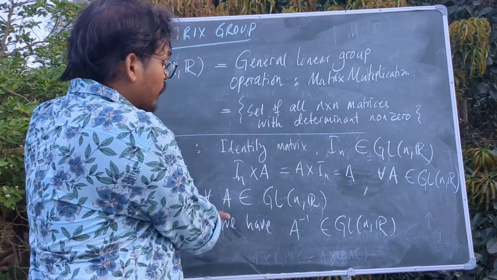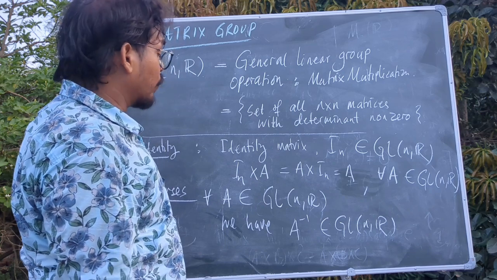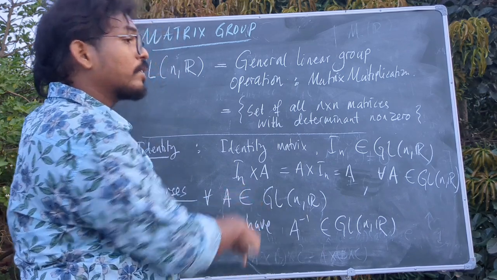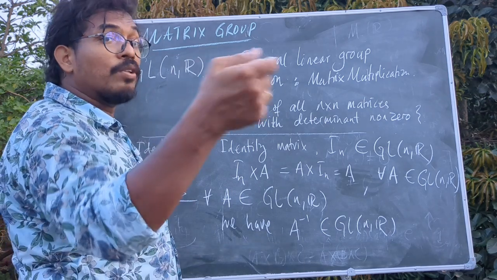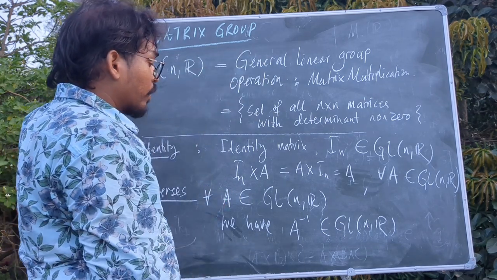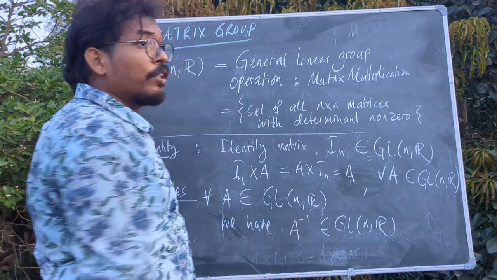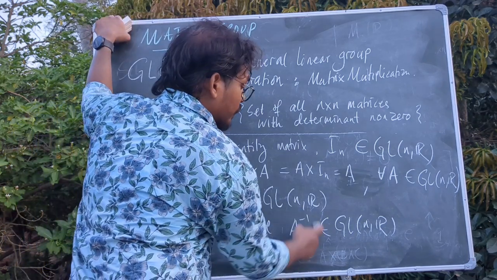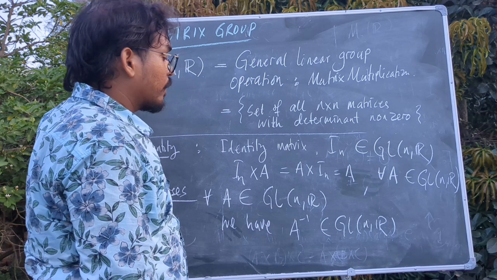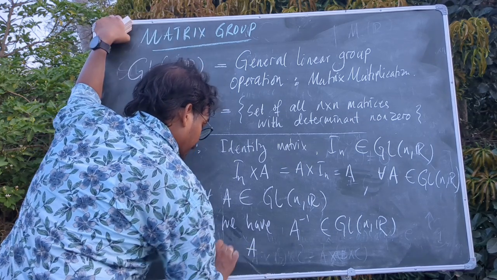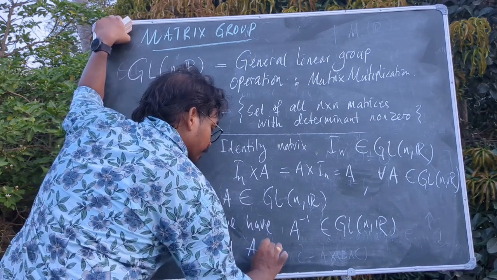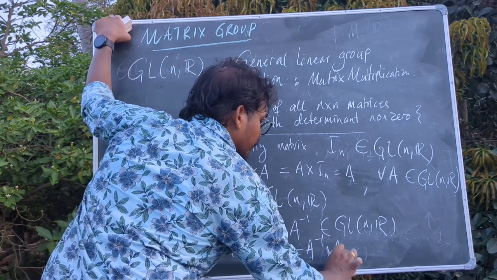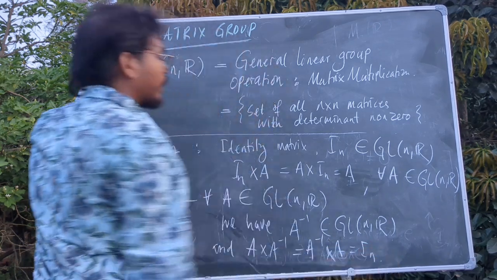If A is non-singular, its determinant is non-zero, and A inverse has determinant 1 over the determinant of A, and 1 over the determinant of A is also non-zero. So this matrix also belongs to this set, and A times A inverse is equal to A inverse times A, which is our identity element.